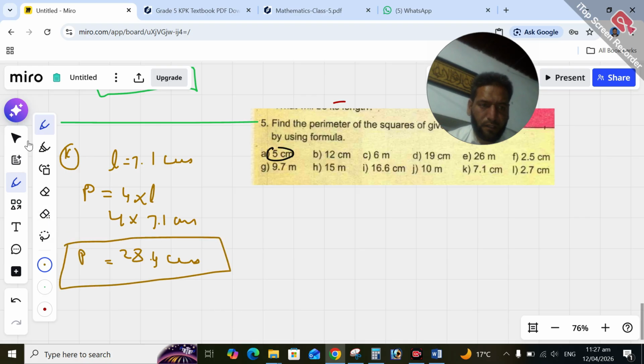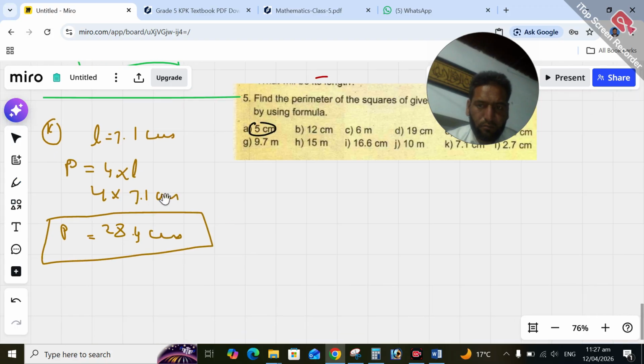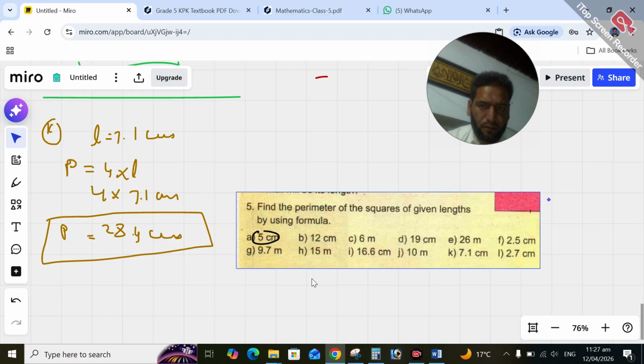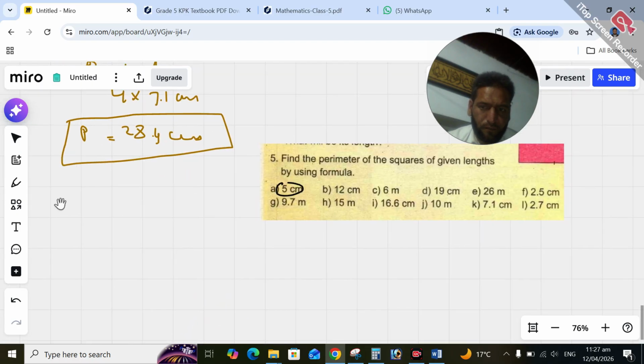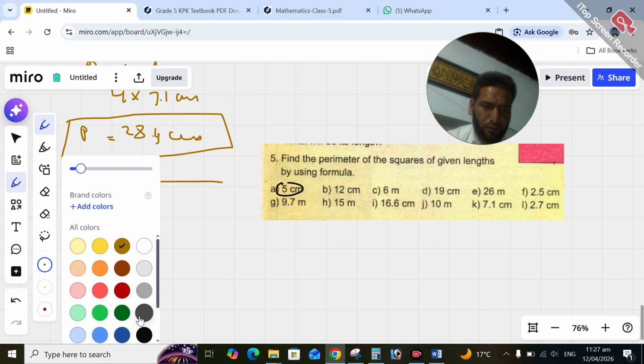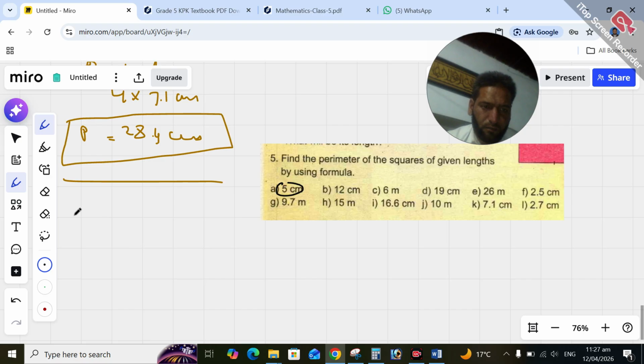The last but not the least, part L, and the length of one side is equal to 2.7 centimeter.